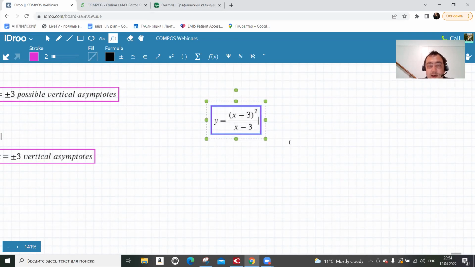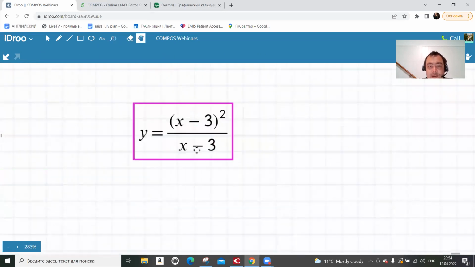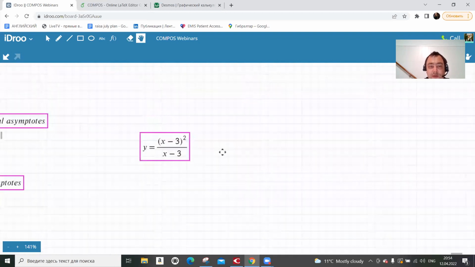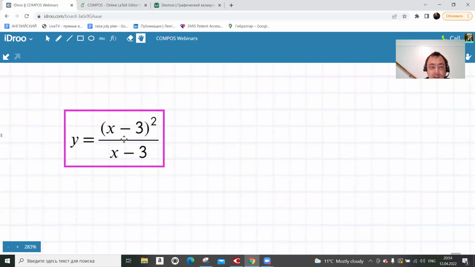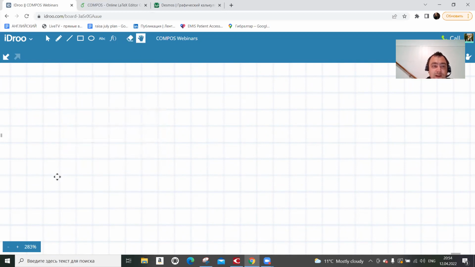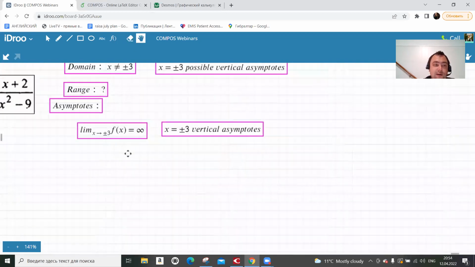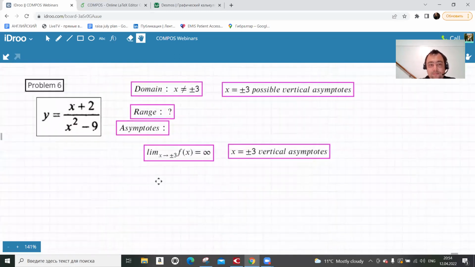It seems like this graph has a vertical asymptote at x equals 3, but it doesn't, because you can simplify it and it becomes just x minus 3, which does not have a vertical asymptote. If it doesn't simplify, when the denominator is 0, that's a vertical asymptote.